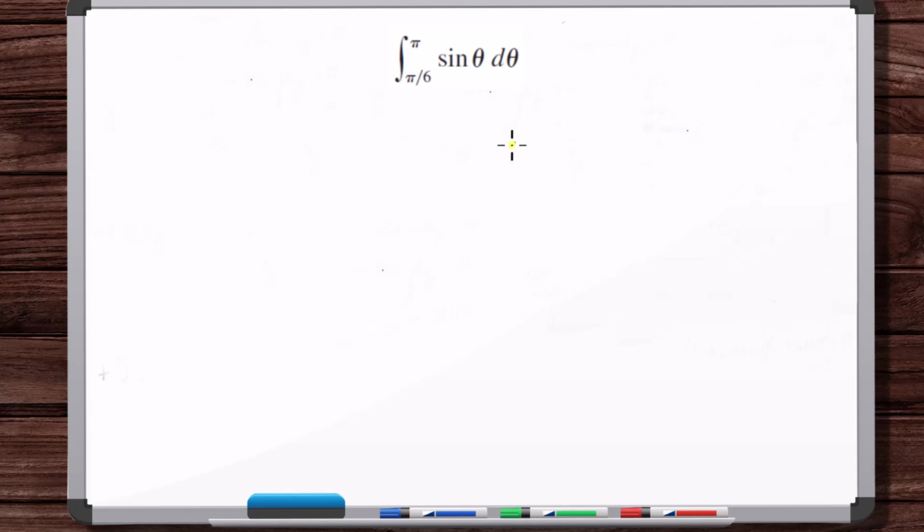Okay, what is an antiderivative of sine theta? Well, minus cosine theta. The derivative of minus cosine theta is minus sine theta, so we put a minus out front. And now, don't worry about the plus c though, right? When it comes to evaluating a definite integral, we aren't concerned with the constant.